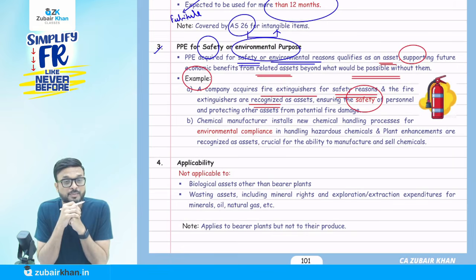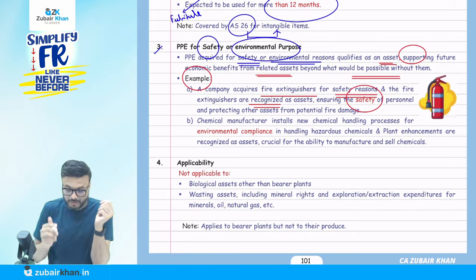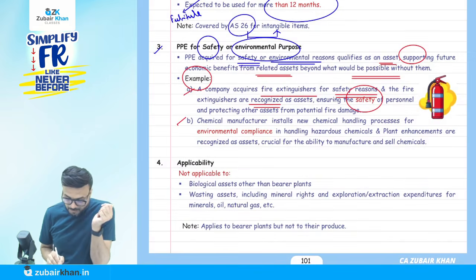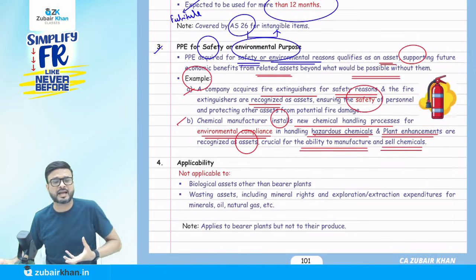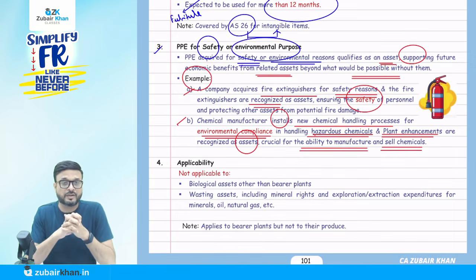So we may acquire certain PPE for the purpose of what? Environmental. So they say a chemical manufacturer installs a new machine handling process for environmental compliance in handling hazardous chemicals, and the plant enhancements are recognized as what? Assets. Crucial for the ability to manufacture and sell chemicals. It is a chemical company doing the manufacturing of chemicals.